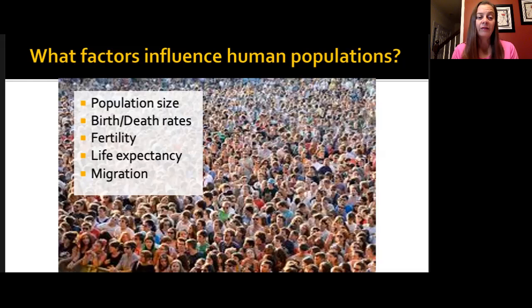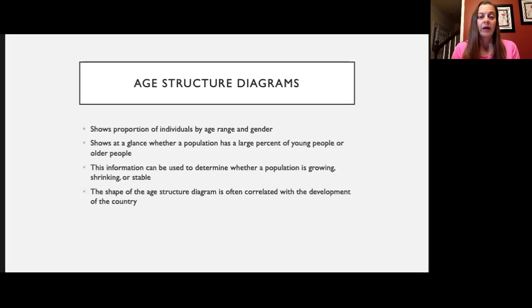So, 5 main factors. We're going to look at a couple of ways that we can look at graphical representations of what's happening in human populations and see what we can learn about these factors simply from those graphical representations. Those graphical representations are called age structure diagrams, or sometimes you'll hear them called population pyramids.